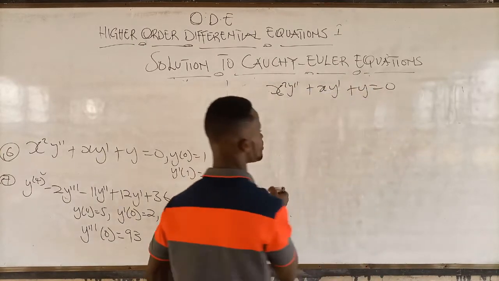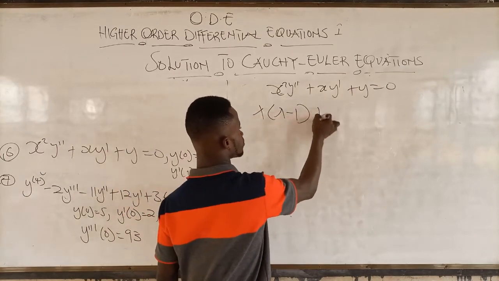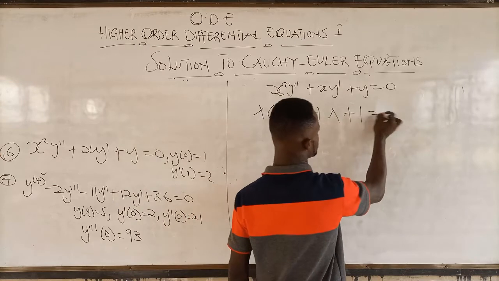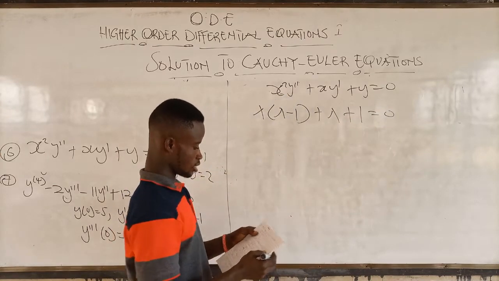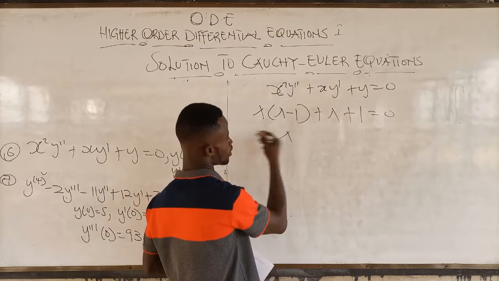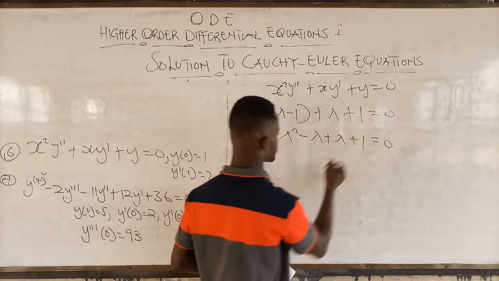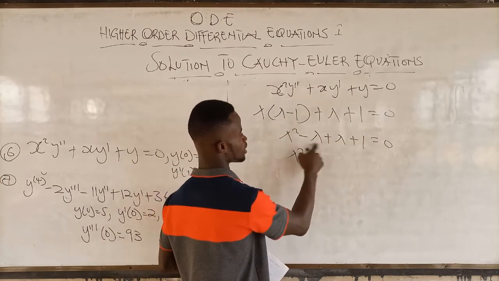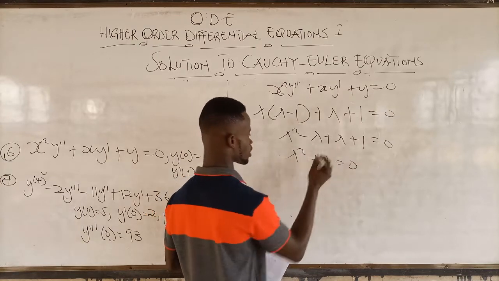So we move on to write the characteristics equation. Alright, so this will simplify to lambda square minus lambda plus 1 equal to 0. So lambda square, this and this, 0. So we can see that plus 1 is equal to 0.